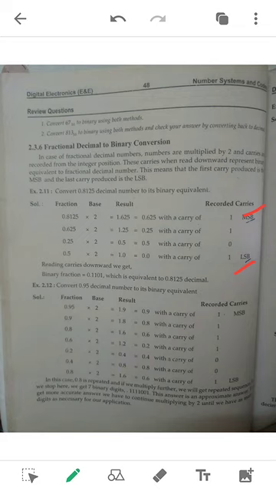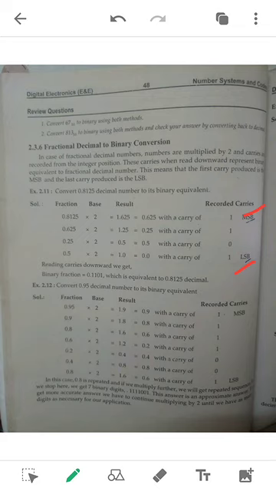So the result is 0.1101, which is equivalent to 0.8125 decimal. This is one example of fractional decimal to binary conversion.